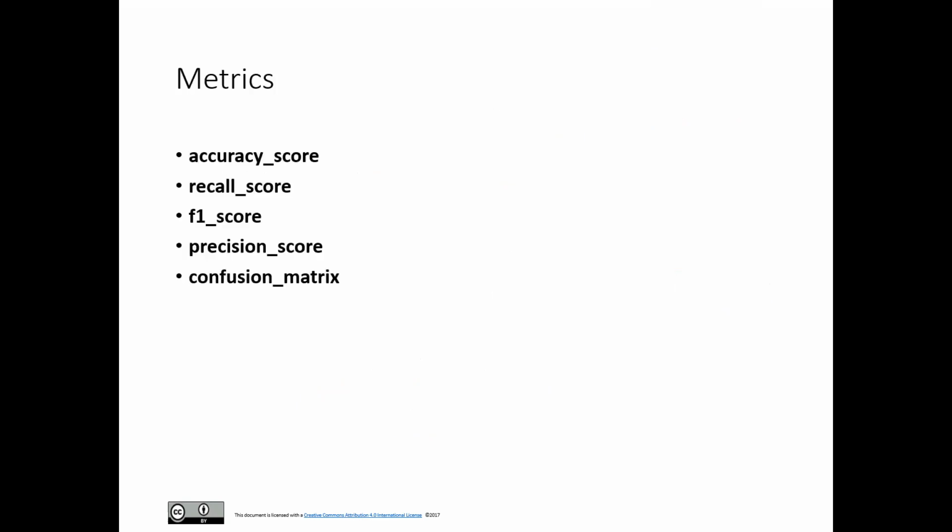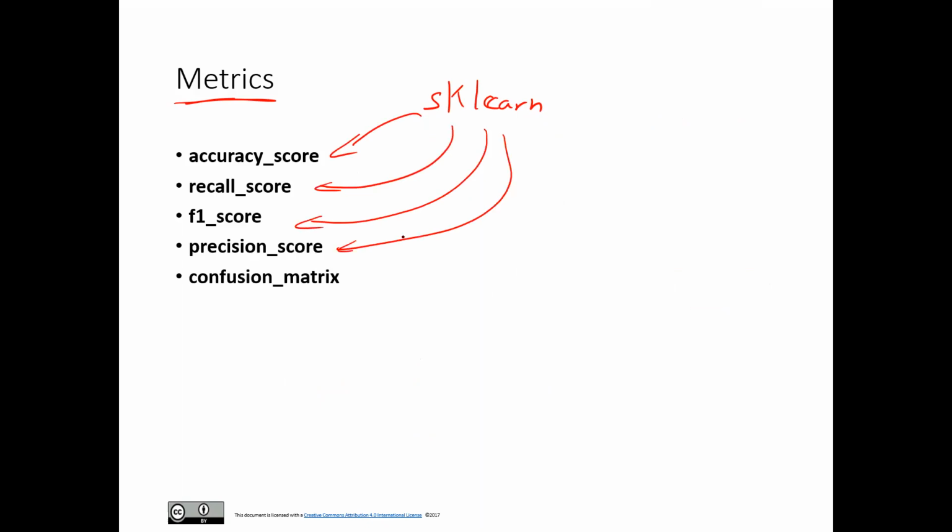Here are the metrics we saw previously, but now in sklearn. In sklearn, they're basically functions: recall score, F1 score, precision score, and confusion matrix. Usually I've already created a function that we just plug into every piece of code we do.